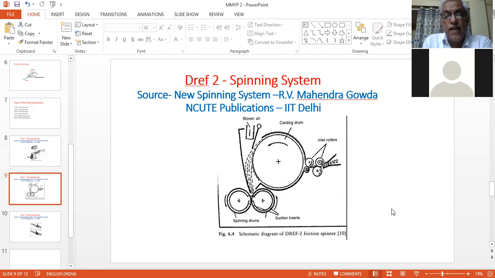This yarn is continuously withdrawn and wound on a cross wound package. So the material comes from the slivers to the opening roller, and then blower air forces the fibers between the drums, and yarn is formed between the spinning drums.